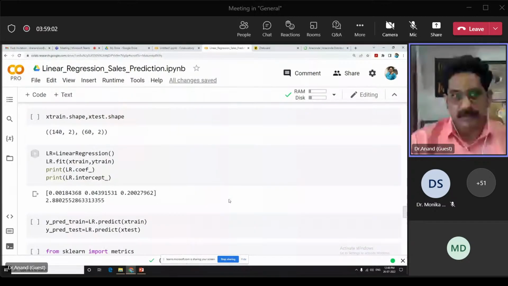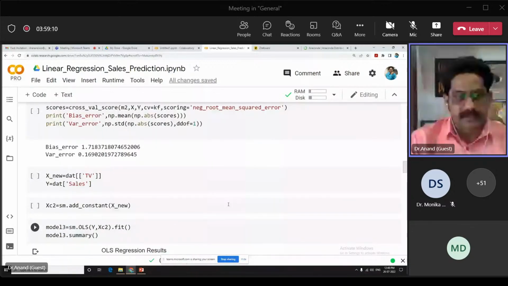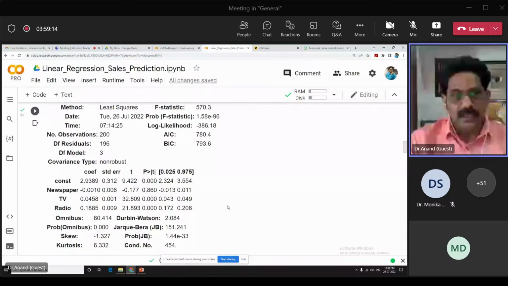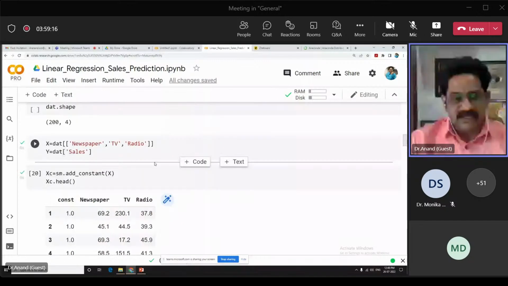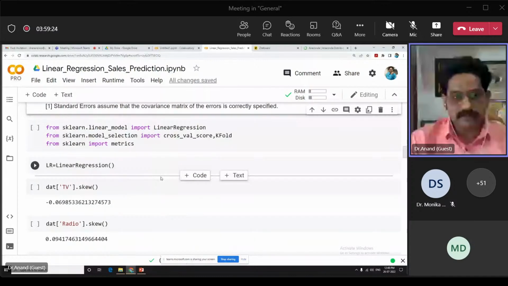So the second model I'm going to construct after dropping the newspaper. Initially I used newspaper, TV, and radio. Since the newspaper feature was violating the linearity assumption with a high p-value, I'm going to drop it. Then you can construct the model only with the two features.